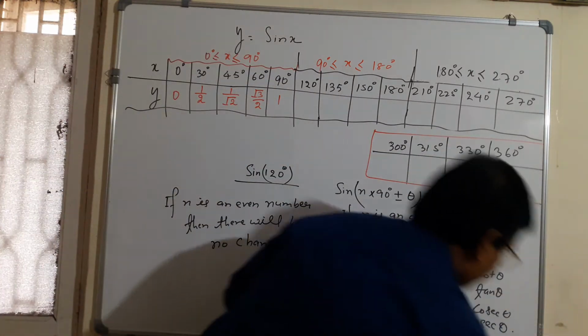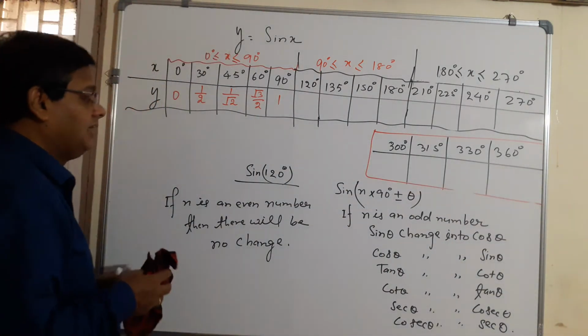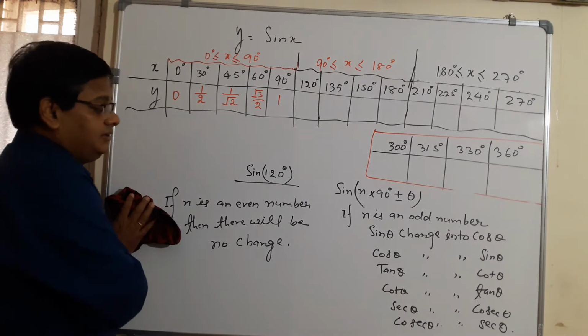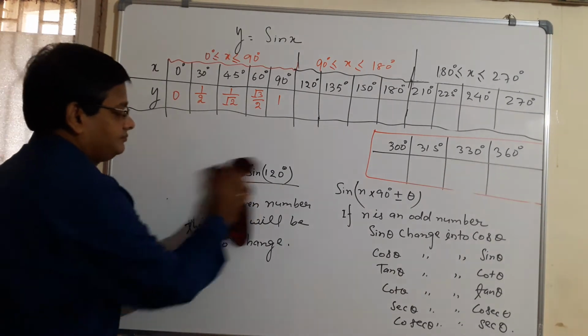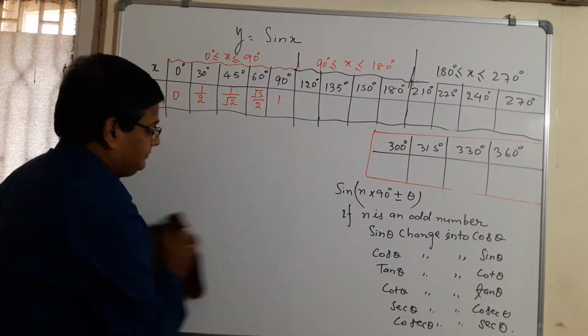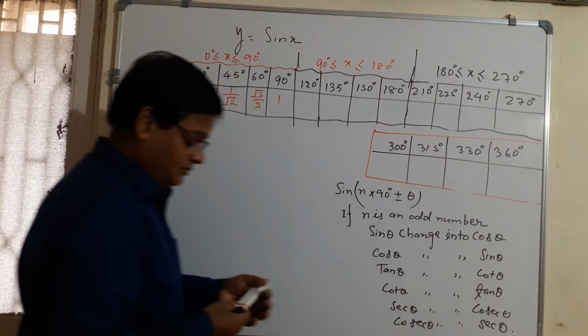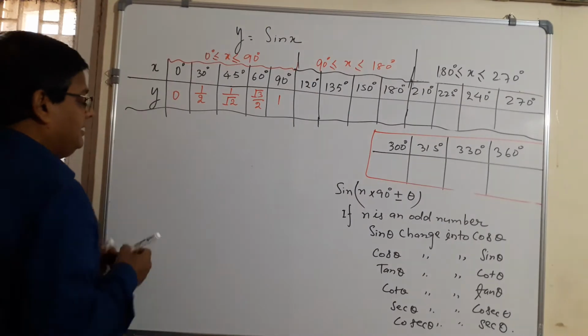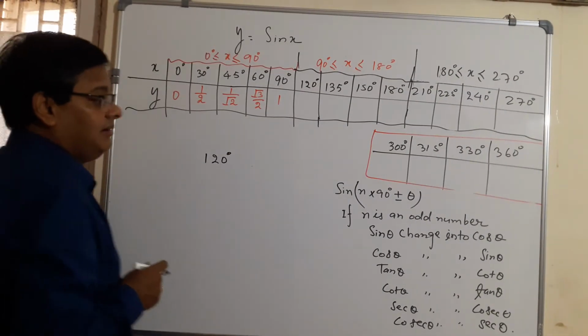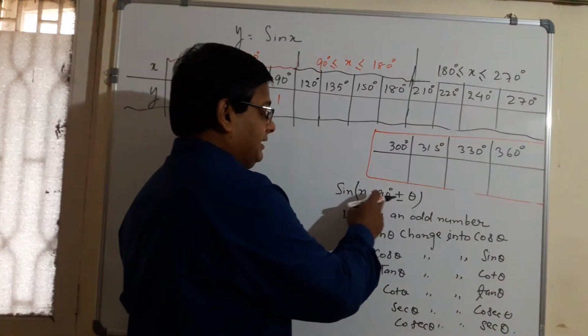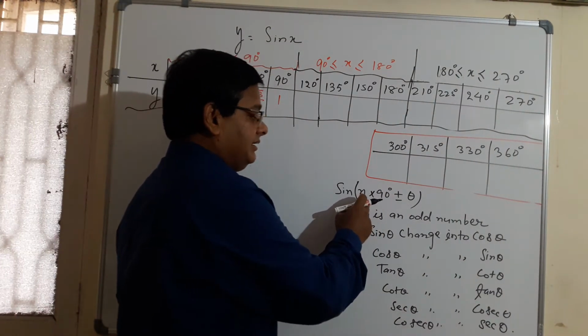Now I am going to find out the value of sine 120 degree. So see here, sine 120 degree. Our purpose is to make it a multiple of 90 degree.